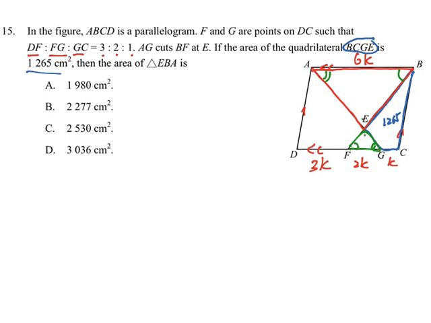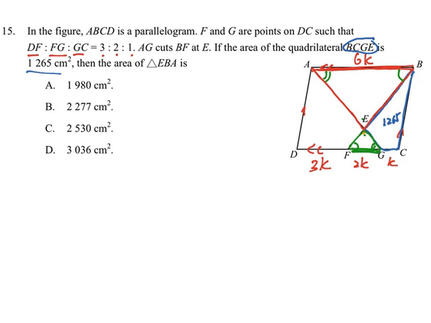So these two angles same. So these two triangles, green and red, are similar triangles. So the base is 2k, and this base is 6k. That means the ratio of the length is 1 to 3, because 2 to 6 simplify, 1 to 3.